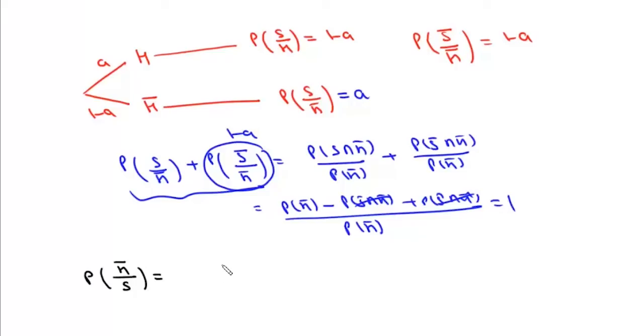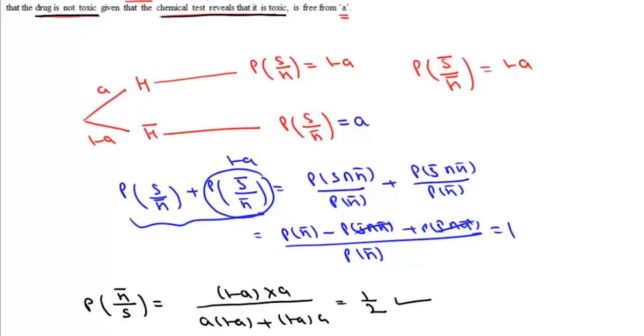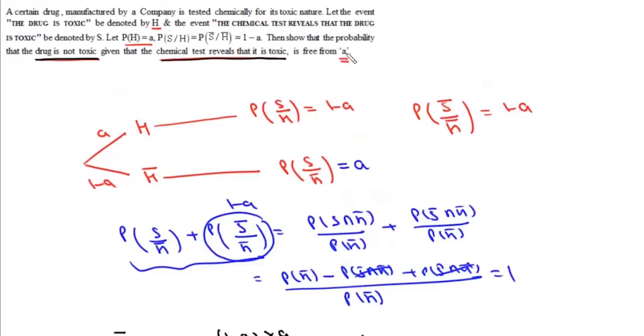So it'll be 1 minus A into A in the numerator, upon, now these two cases in the denominator. So it'll be A into 1 minus A plus 1 minus A into A, and this is 1 by 2, which is independent of A. So this conditional probability is free from A and its value is simply 1 by 2.